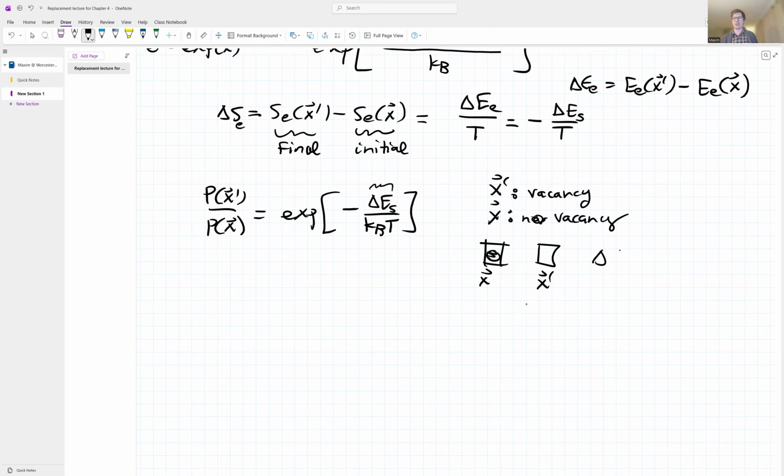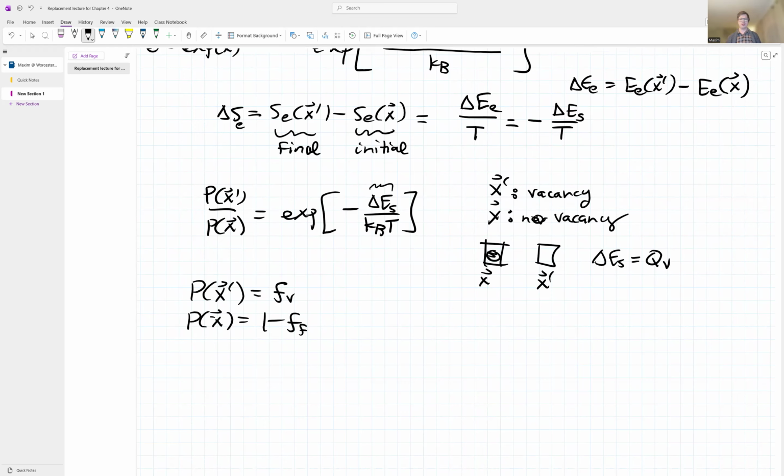Then the change in energy is just the energy of formation of a single vacancy. And so the probability of x prime must be the fraction of vacancies, and the probability of no vacancy must be 1 minus the fraction of vacancies.